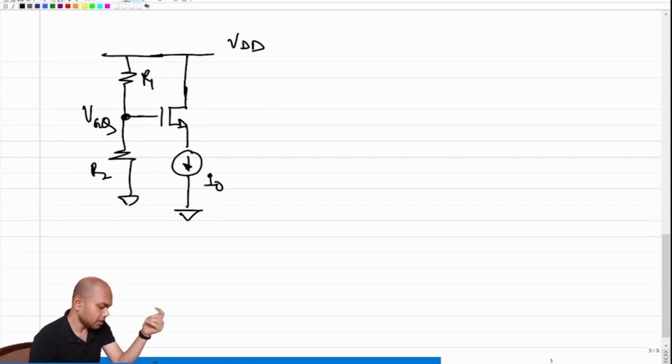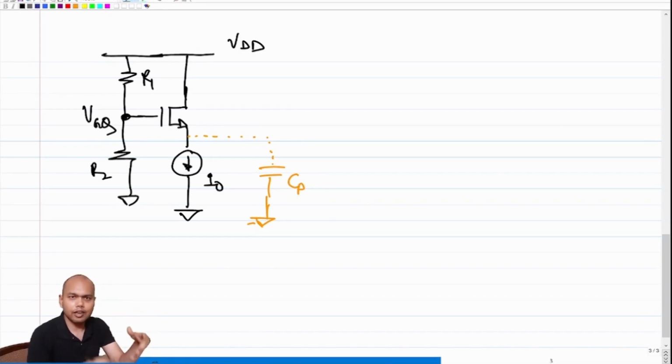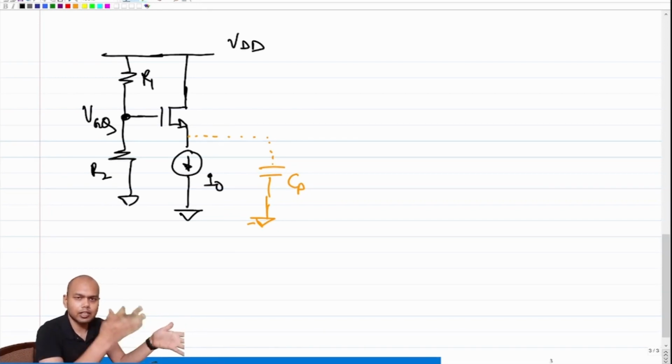Now let's argue the same way we argued in the previous case. The argument was: let's assume some parasitic capacitance exists. It helps us in seeing the effect of the voltage rising and falling.